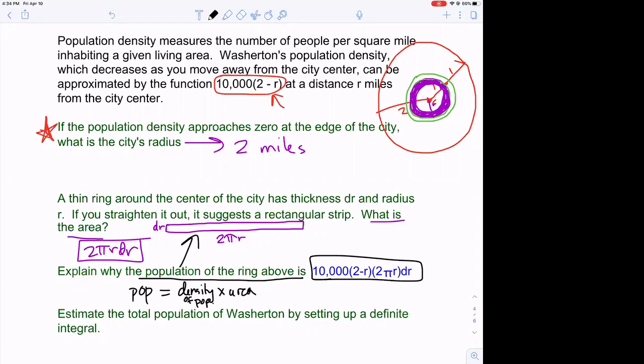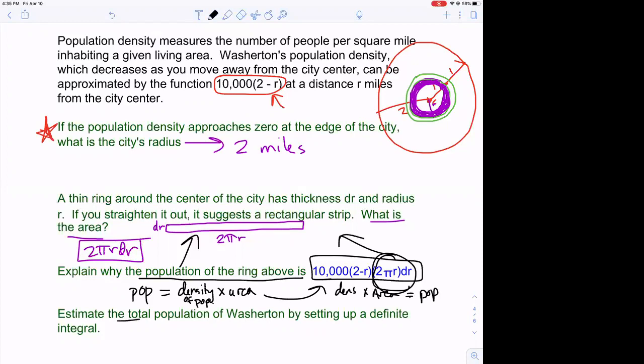Because if 5 people live per square mile and you have 12 square miles, then 5 times 12 would be 60 people. That's exactly what this is. This part is the population density from the beginning of the question. And the 2 pi r dr is the area of this thing. Since it's the density times the area, it's going to give the population.